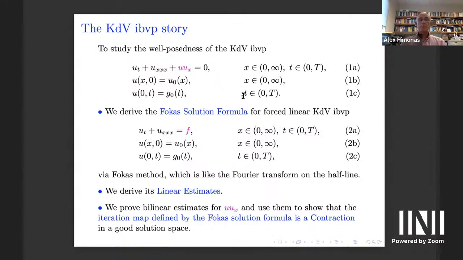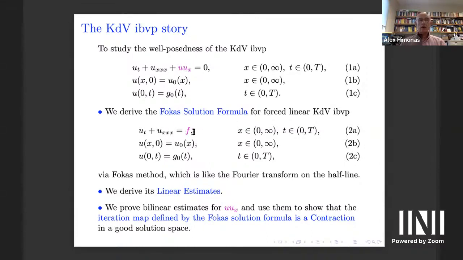The KdV initial boundary value problem, which we repeat here, is problem 1. And step 1 is solving, using the UTM method, the linear initial boundary value problem, which is problem 2 you see here.